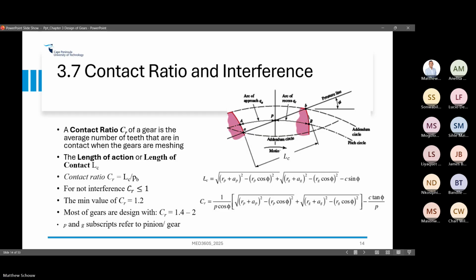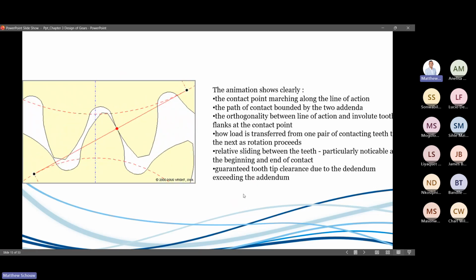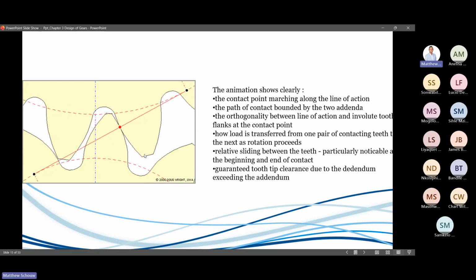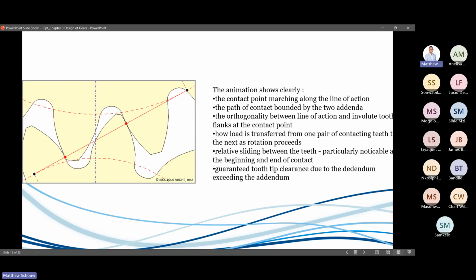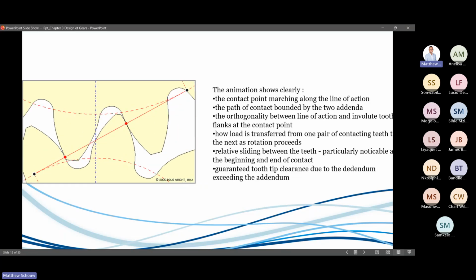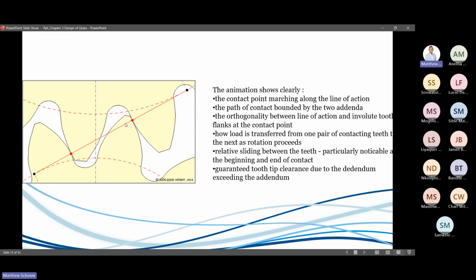Now, what's not nicely articulated within the textbook, so I'll just kind of explain to you what happens, is we have two spur gears mating, right? One obviously the pinion, one we call the gear. And there's a particular point where these gears will meet, right?